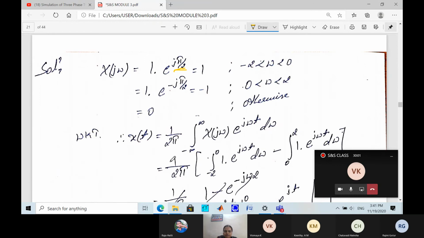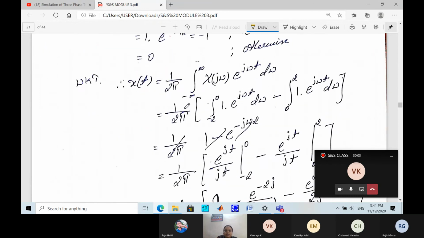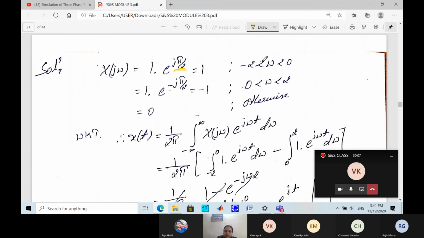You have to substitute there. Then 1 by 2 pi, the limit is minus 2 to 0 of 1 into e raised to j omega t d omega, minus the next limit 0 to 2 of 1 into e raised to j omega t d omega.